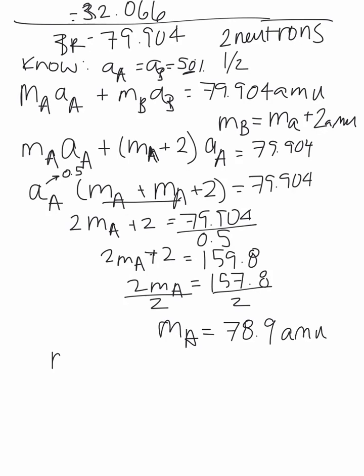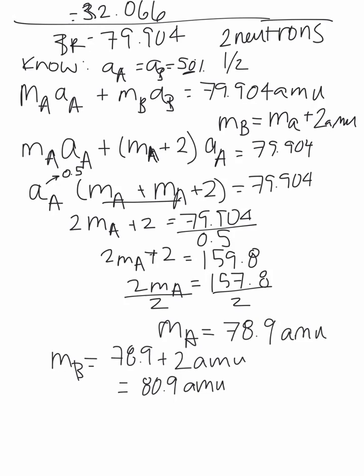Now, the mass of B is equal to 78.9 plus 2 AMU, because again, there's a 2 neutron difference between these two isotopes. So that means the mass of B would be 80.9 AMU.